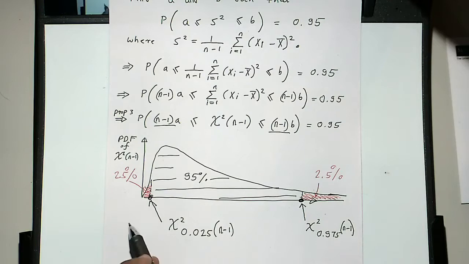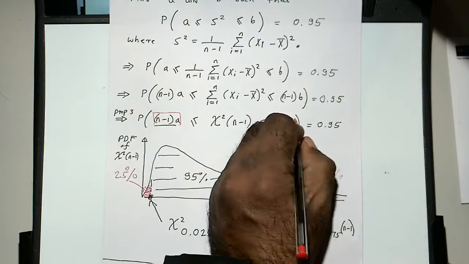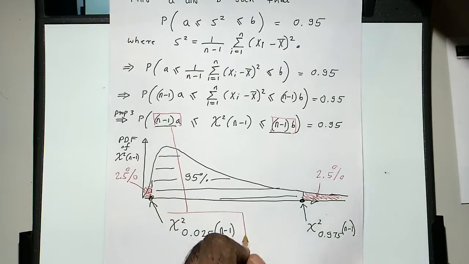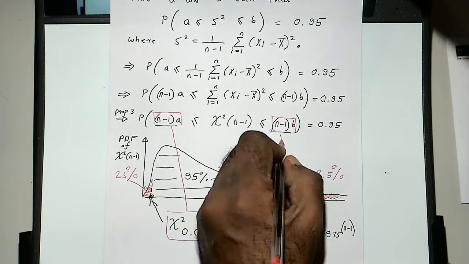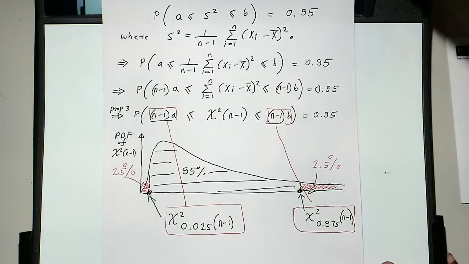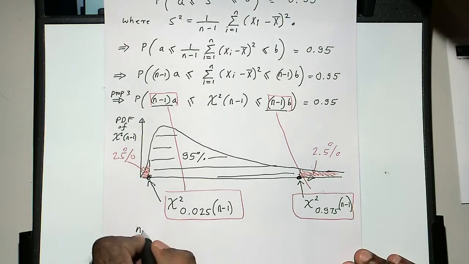Because the area below this point is 2.5%. So the probability is 0.025, right? So what I'm saying is that this must be equal to this, and this must be equal to this, right? So basically, I'm saying that n minus 1.